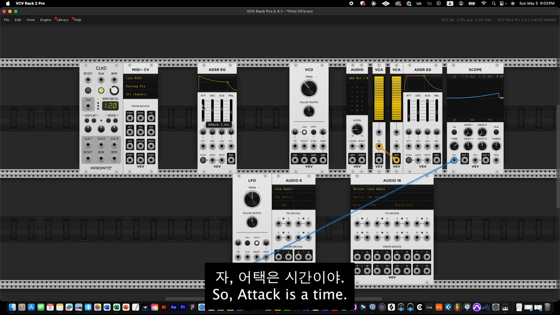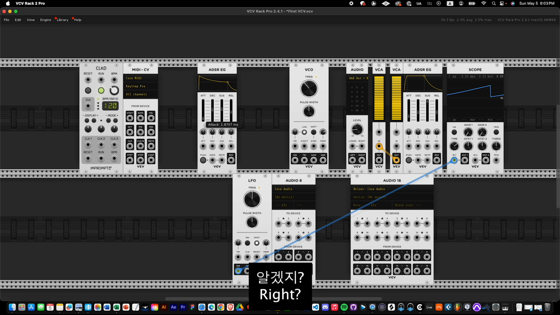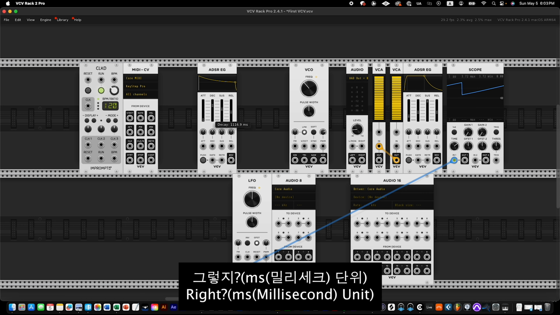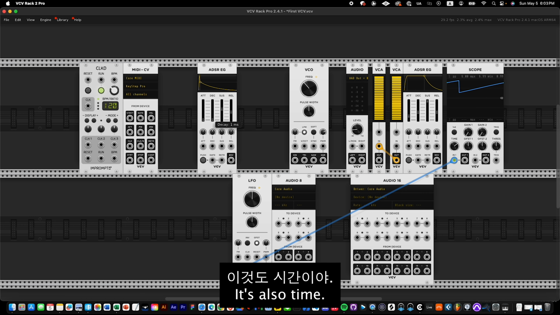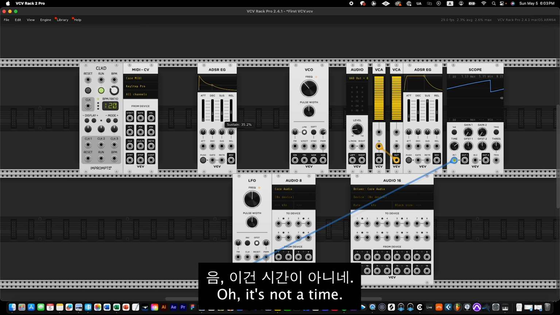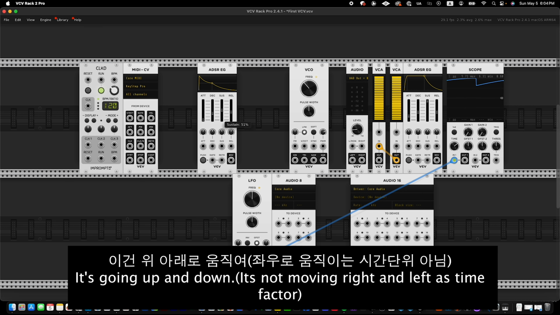So attack is a time factor. You can change the time, right? Decay is also time. Sustain, oh, it's not a time, right? It's going up and down.